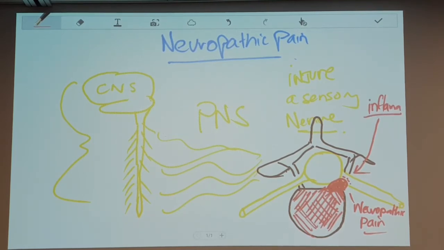So you can have 2 elements of pain going at once: the neuropathic element and the inflammatory element, all going simultaneously.